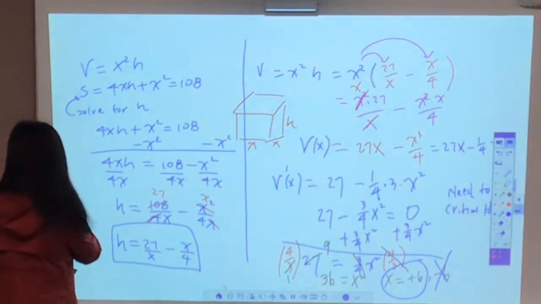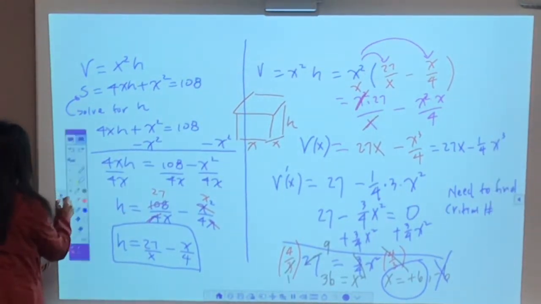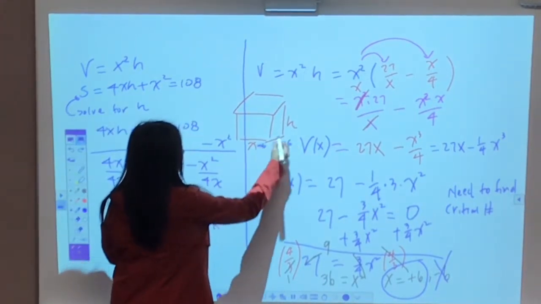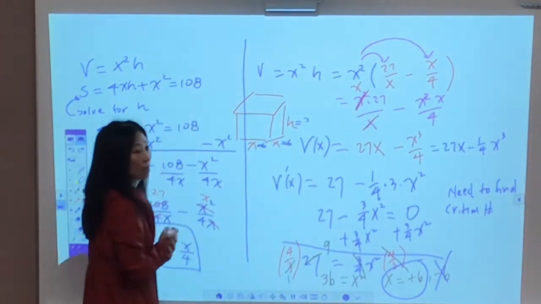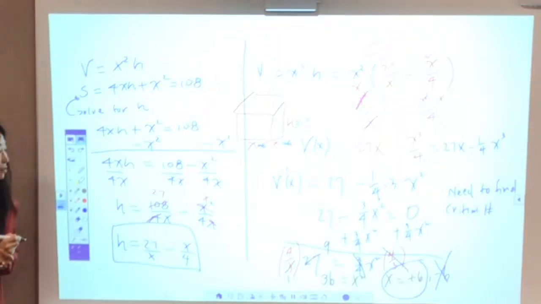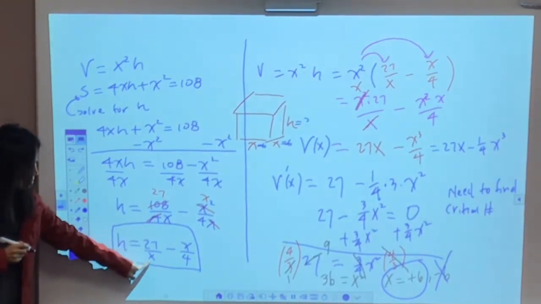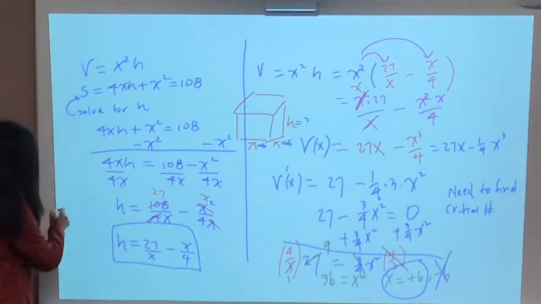Right? But I know what the dimension is for the base. This is just 6, this is just 6. Do I know what that equals? Not yet. So what do I need to do? Go back to which one? This, right? H is what? 27 over what? 6. So I'm going to say, okay, I know how to find that.